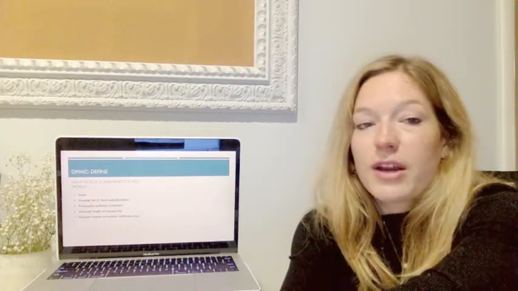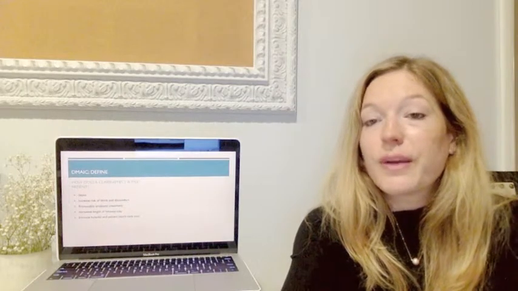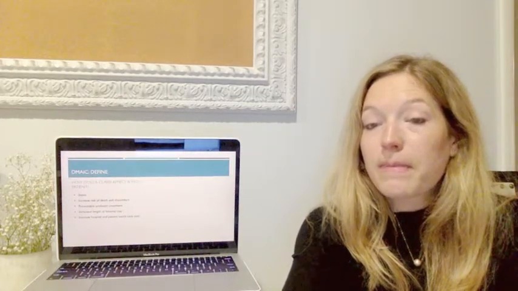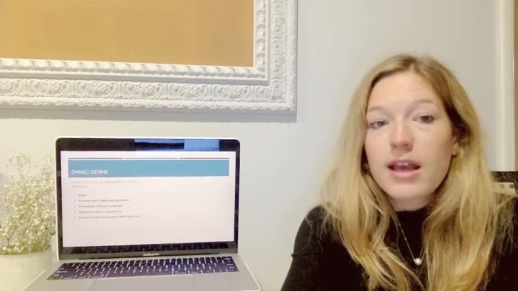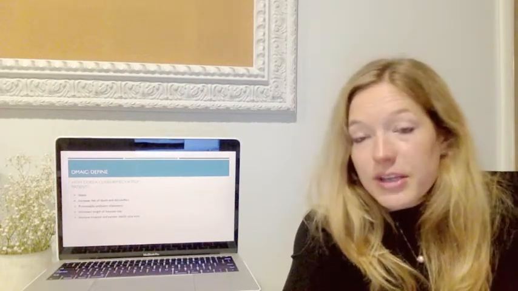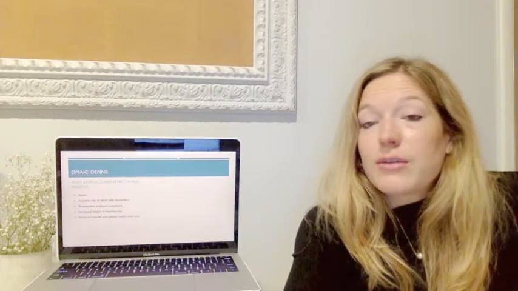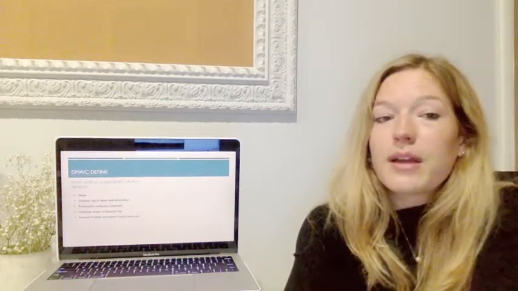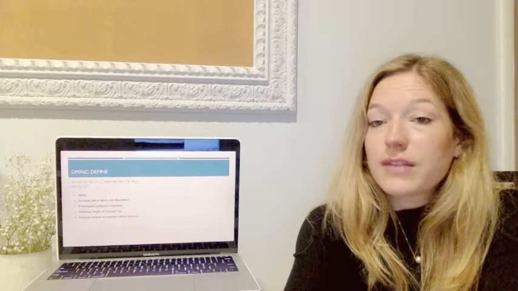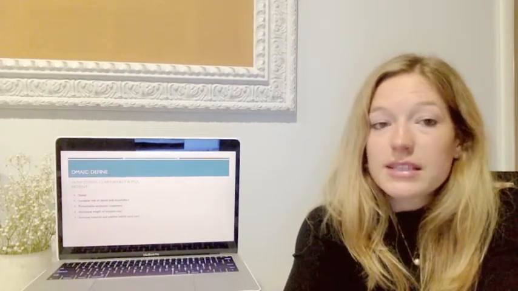The first part is Define. To go into CLABSIs a little more, how exactly they affect the patient and why it matters, why we care essentially: a CLABSI can increase the risk of death and discomfort in the patient. It can cause sepsis.